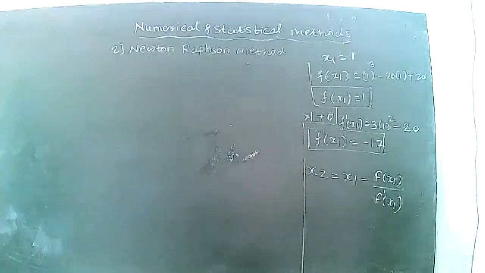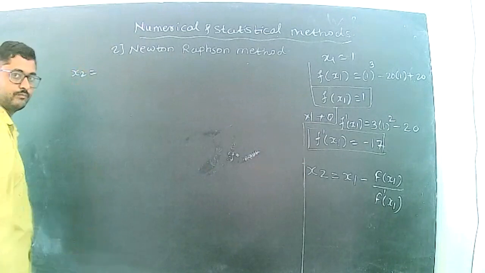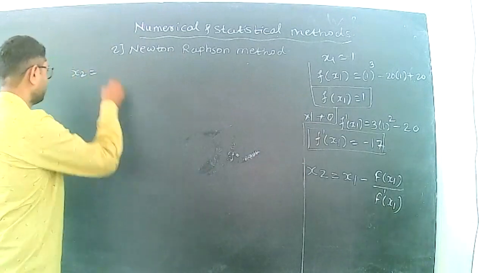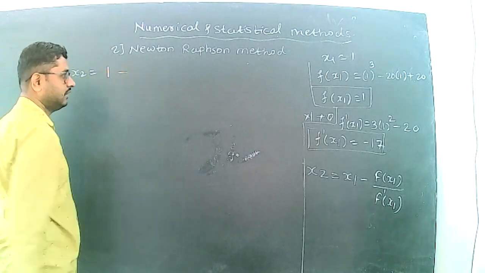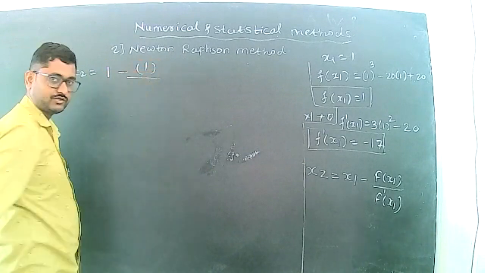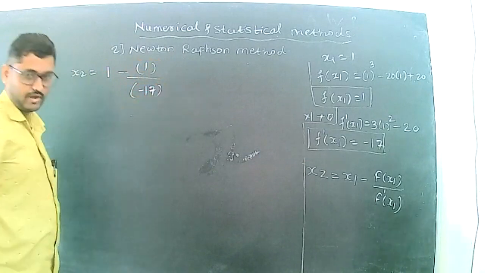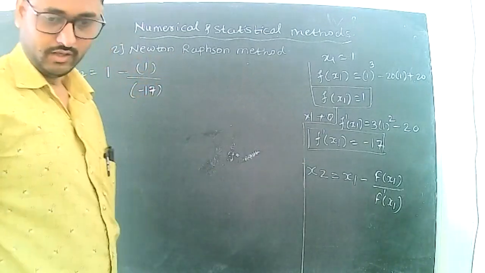By calculation, x2 is equal to x1 minus f of x1 upon f dash of x1, where f dash of x1 is minus 17.